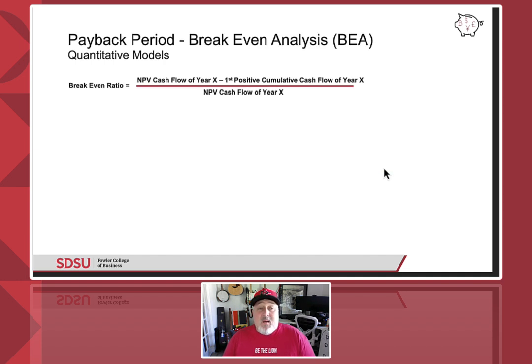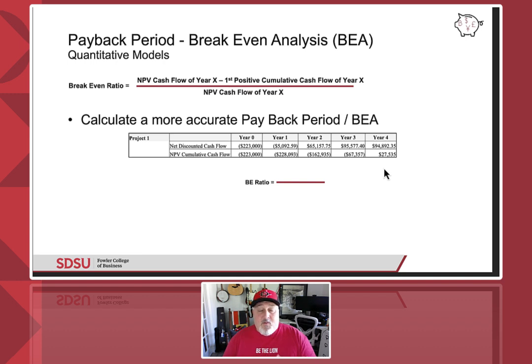So the way that we can calculate a break-even or do break-even analysis is through another model. We have the cash flow for whatever year we're looking at, so for us, that third year, minus the first positive accumulation of cash year, X, and then divided by the cash flow of year X. So if I were to play this forward on this example, here is the first positive year, right?